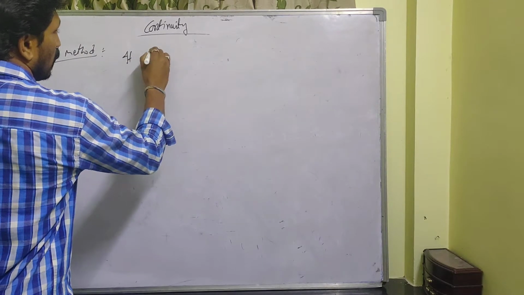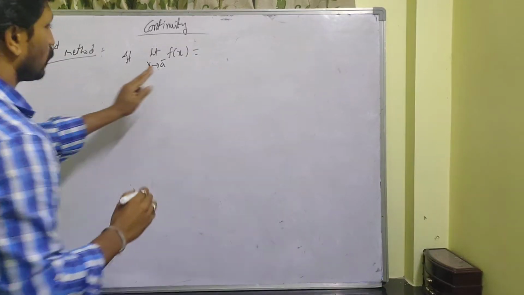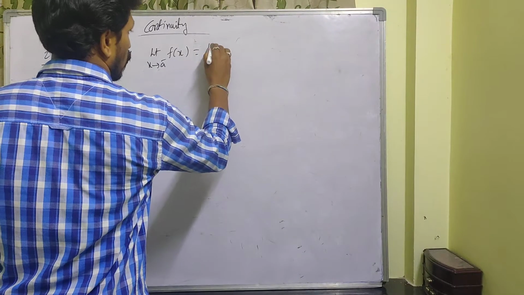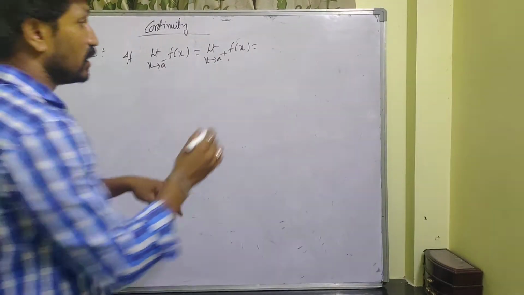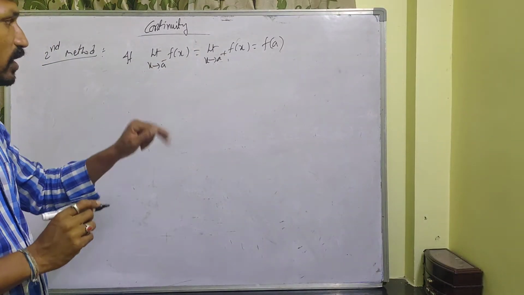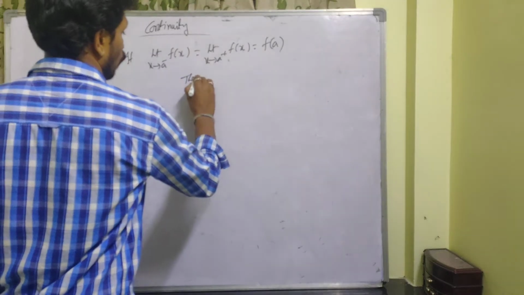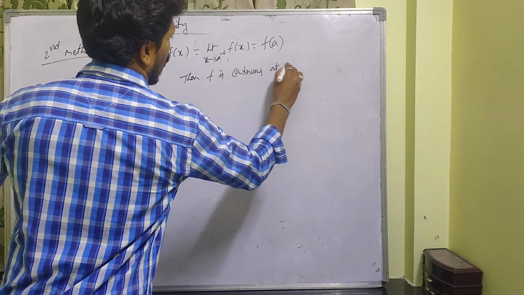If limit x tends to a minus f of x, that is the left hand limit, and limit x tends to a plus f of x, that is the right hand limit, is equal to f of a, then we can say f is continuous at x is equal to a.